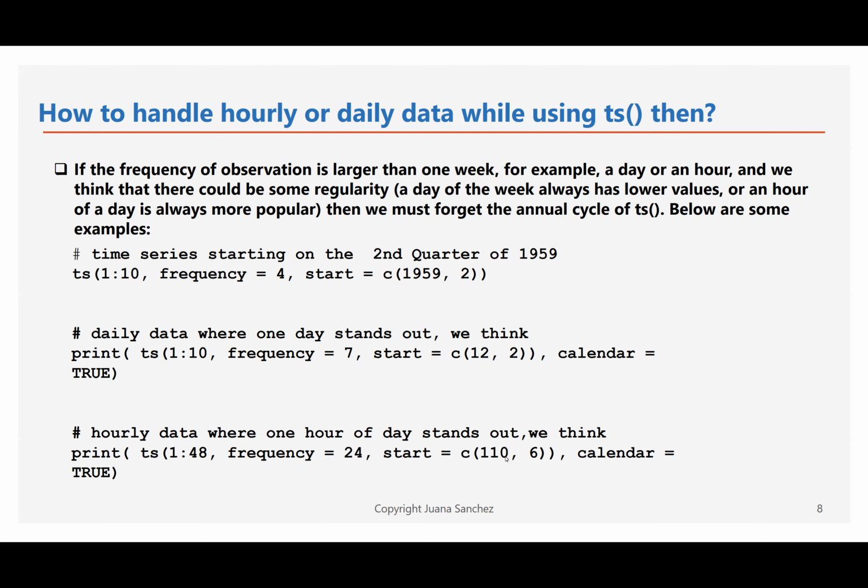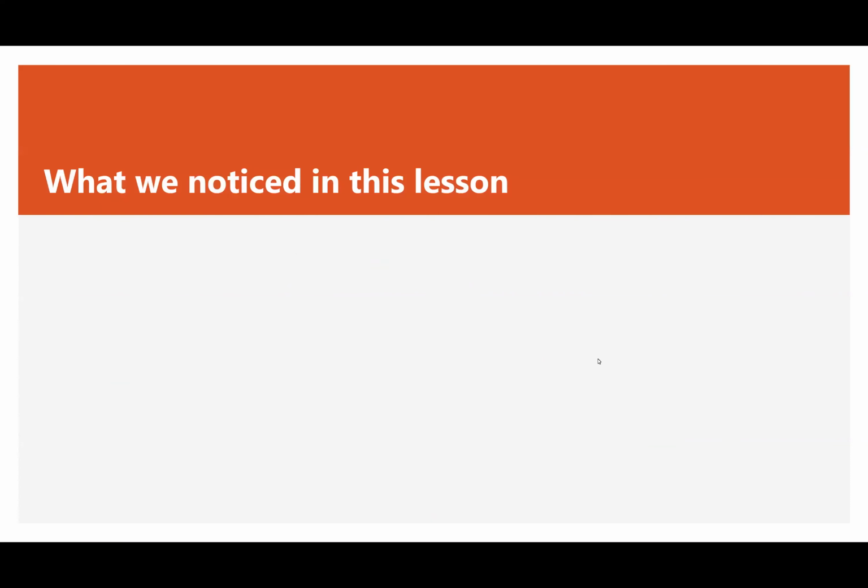And then we start in day 110, hour 6, calendar equal true. So notice how this is not so flexible anymore. And of course, when we plot, we are not going to see the nice plots anymore. We will not have the date expressed in the horizontal axis with the plot.ts. So I wanted you to have all these things in mind when you use TS.